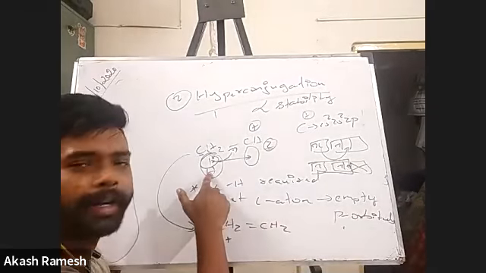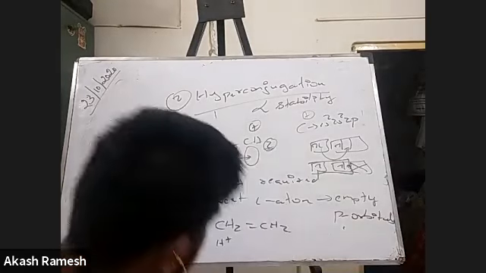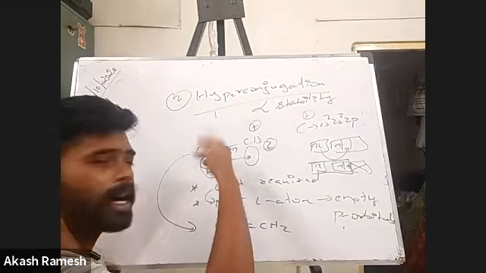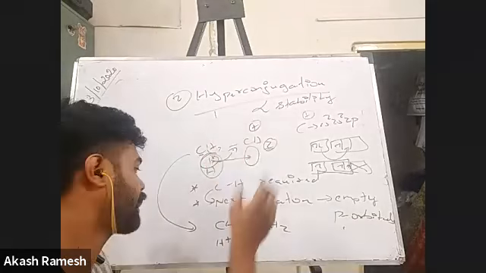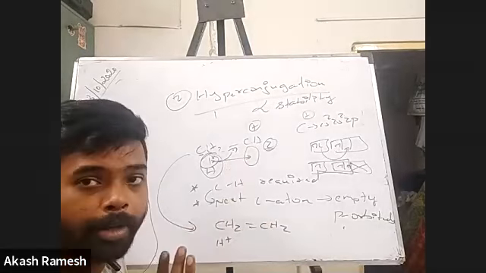Now you remove this hydrogen. I can also remove either of the other two hydrogens, but the structure is going to be the same. At a time, you can remove only one hydrogen because there is only one empty p orbital.